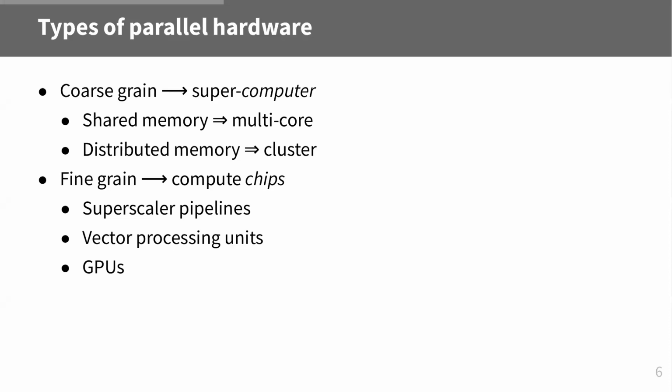Then there's also fine grain parallelism. That is the actual compute chips. And this goes down to cell phones and other similar small devices, because they actually have within them the ability to compute their own internal instructions in parallel. So these are superscalar pipelines, vector processing units. As their name suggests, they're actually optimized and designed to work on doing vector arithmetic, including matrix arithmetic, quite efficiently.